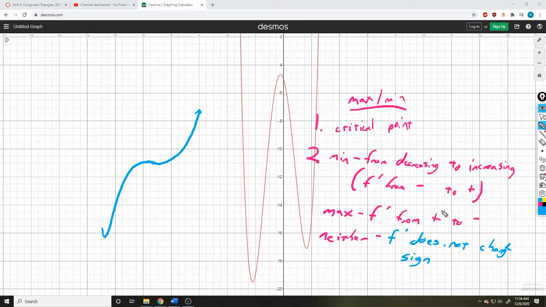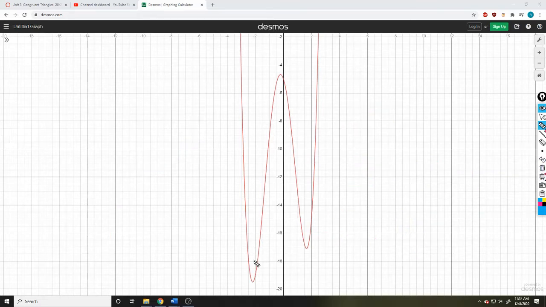That's why we need to check the signs around our critical point. So that's what we're going to do. We're going to figure out where our critical points are, and then we're going to check the sign of the derivative around those critical points. So let's look at a basic example to see what that looks like, and we'll practice this more in class tomorrow.